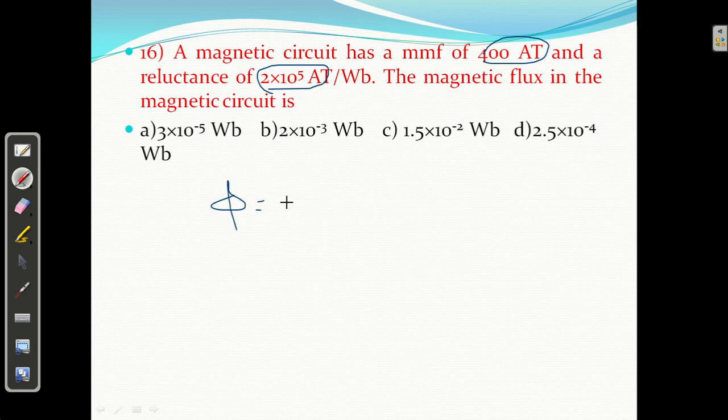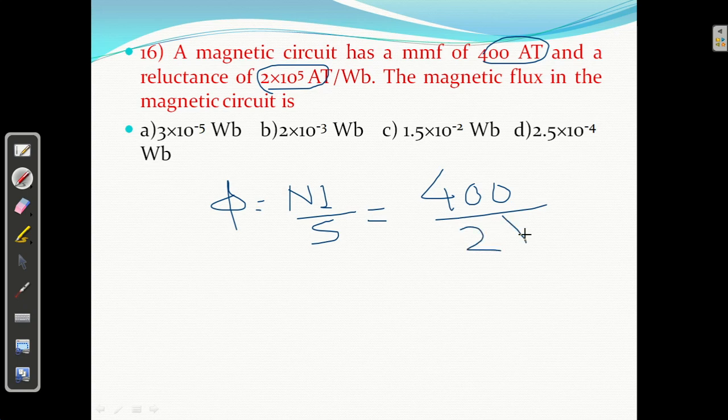Phi equal to NI upon S. NI is how much? 400. NI upon S, S is 2 into 10 raised to power 5.